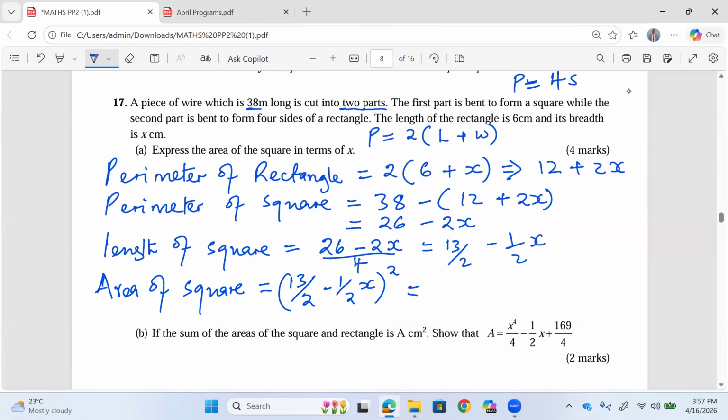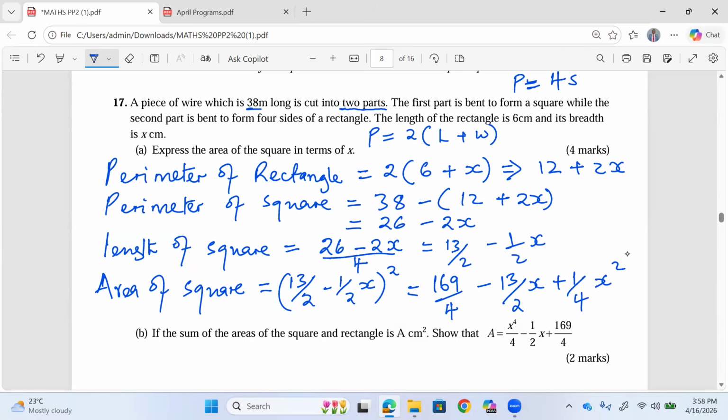So 13 over 2 squared, that becomes 169 over 4, minus 13 over 2 multiplied by half multiplied by 2. This gives us exactly 6 and a half x, or 13 over 2 x, then plus we square half x. That becomes a quarter x squared.